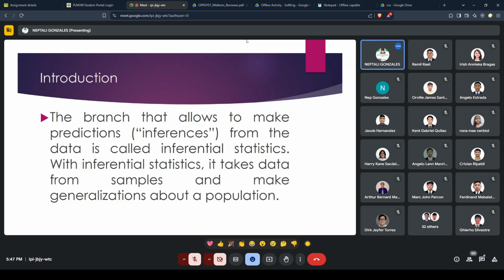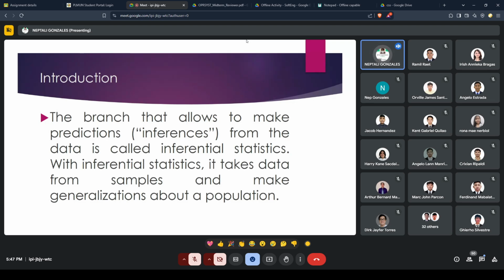So what affects the board results will be the faculty performance. And that study is a sample of predictions or inference from the data, which is called inferential statistics.